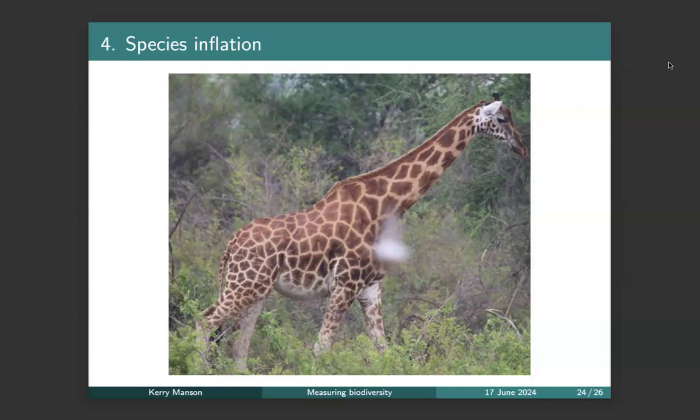And there's also an effect where the more a particular species is studied, the more often it looks like it might be some different species. So this is an asymmetric effect across the tree of life. The more charismatic and well-known species often get split more so than those that are less so.